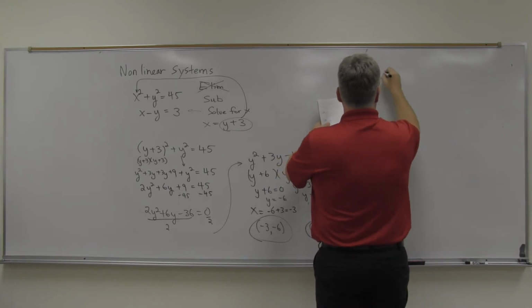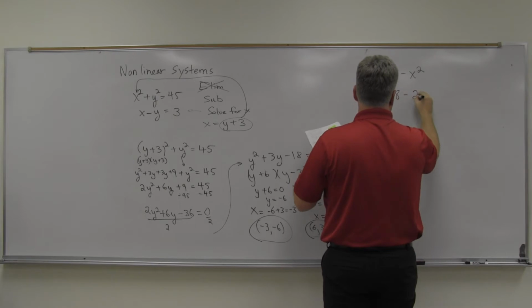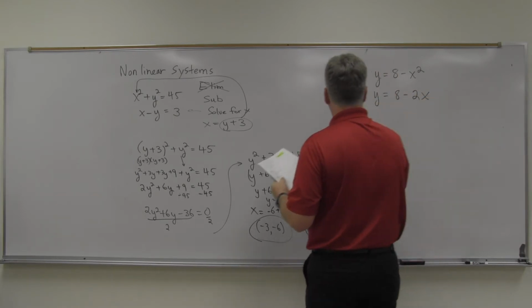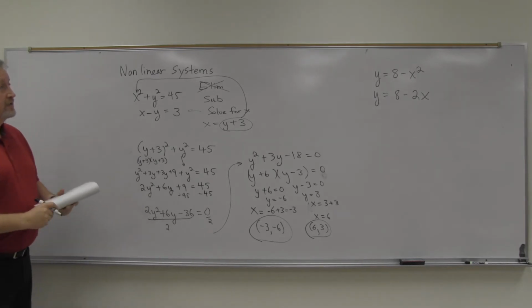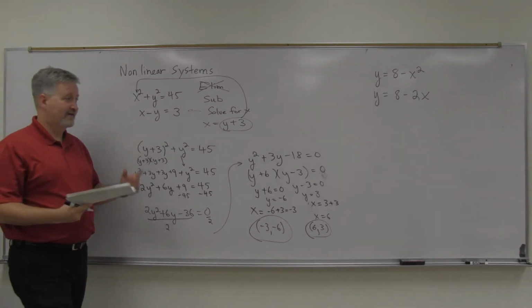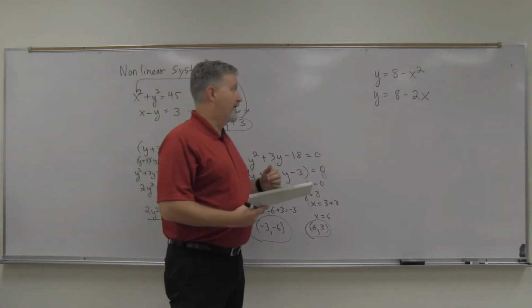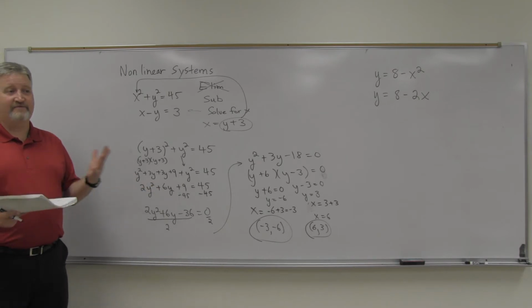y equals 8 minus x squared, and y equals 8 minus 2x. Well, this one's actually similar to a couple of them we did not too long ago. And yeah, this one, either method is okay.